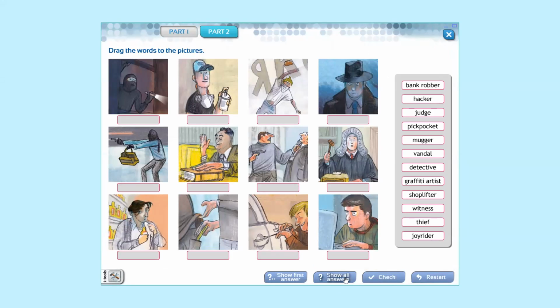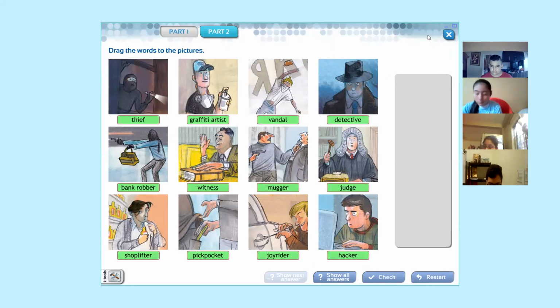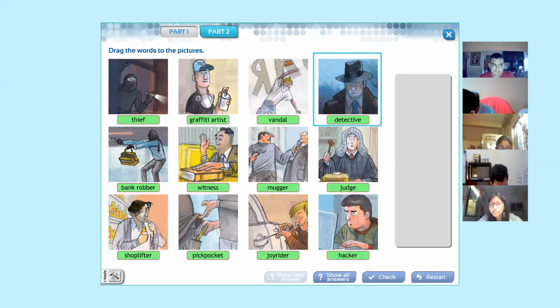I am going to show you the correct words, please. I need you to complete the information in your book, because here you are going to identify some words about criminals. The only words that are not related to criminals are detective, judge, the witness.